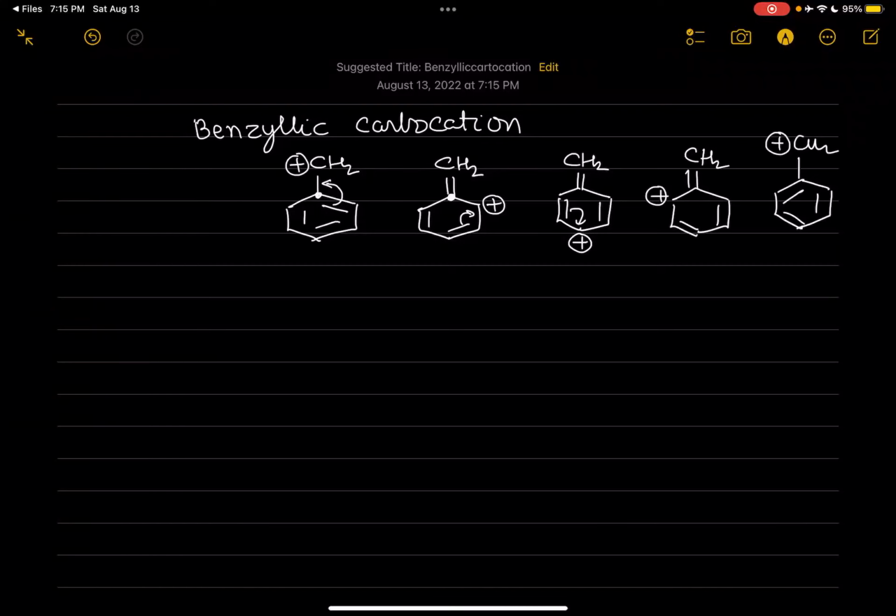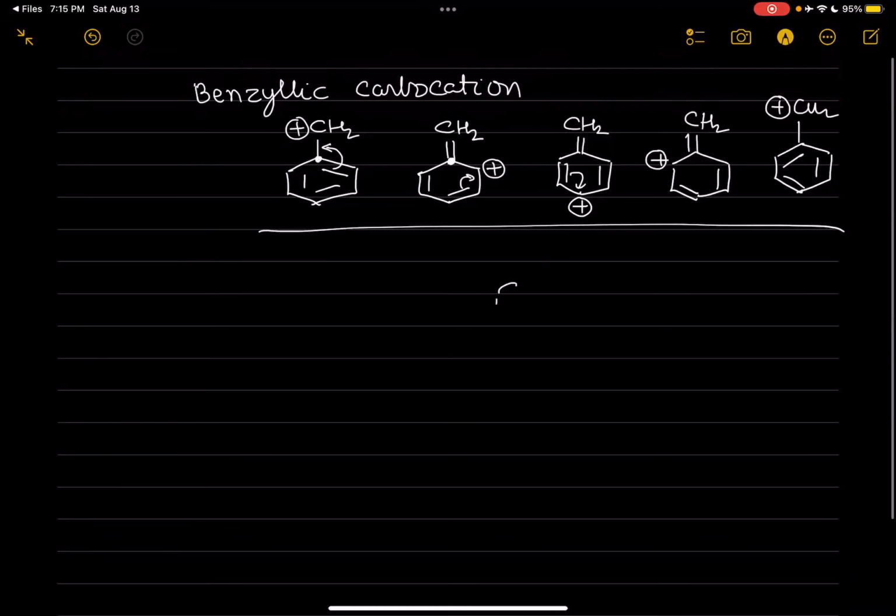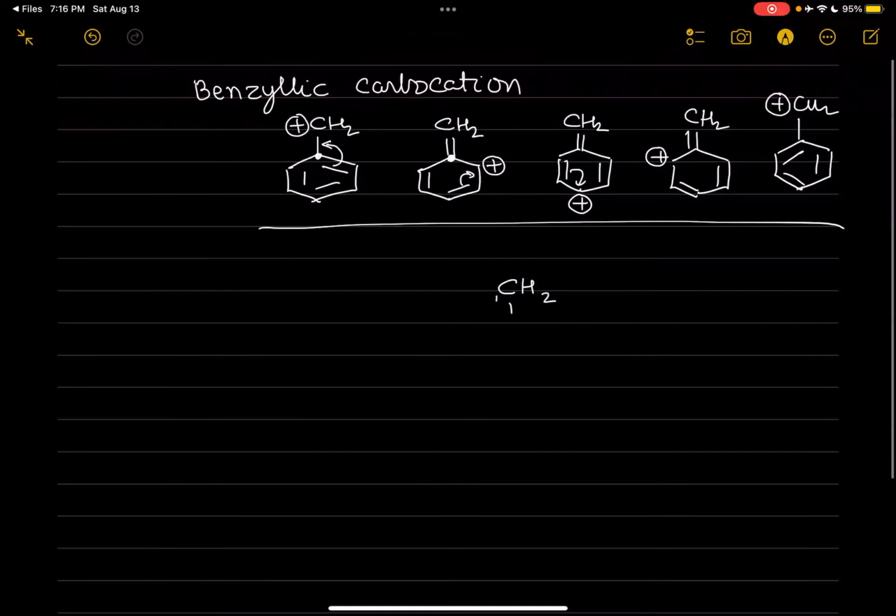So the actual structure of the benzylic carbocation is not any one of them. It is the average of all these structures, because the electrons will not move one by one. It is actually an electron cloud. We know that electrons have wave nature. So this bond will acquire double bond character.